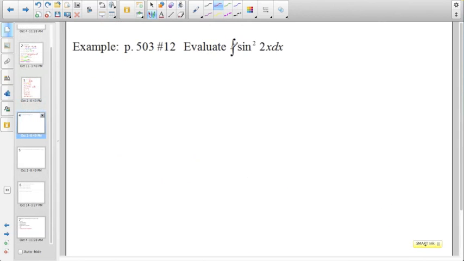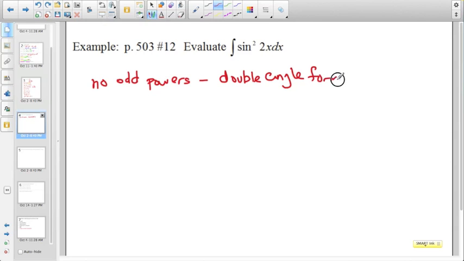If you notice with this problem, there are no odd powers. That being the case, we have to use the double angle formula. So the double angle formula for sine squared x is 1/2 minus cosine of 2x over 2.